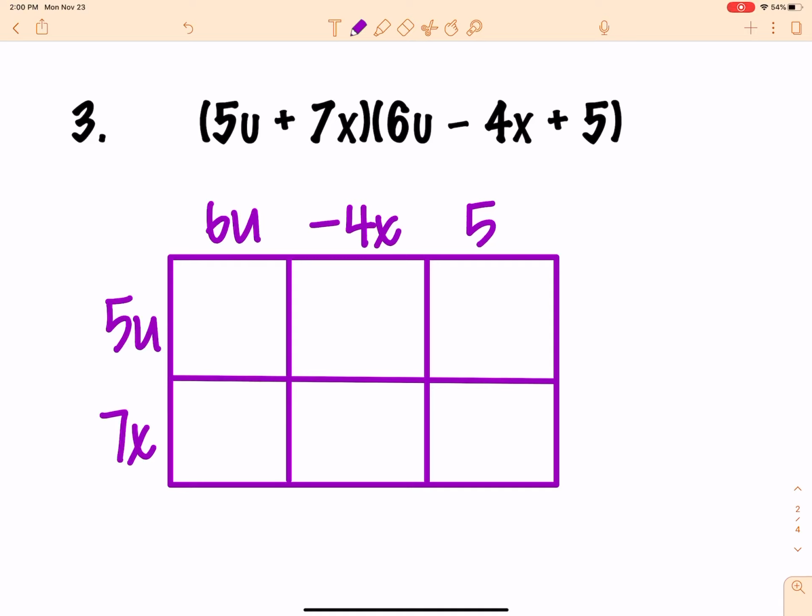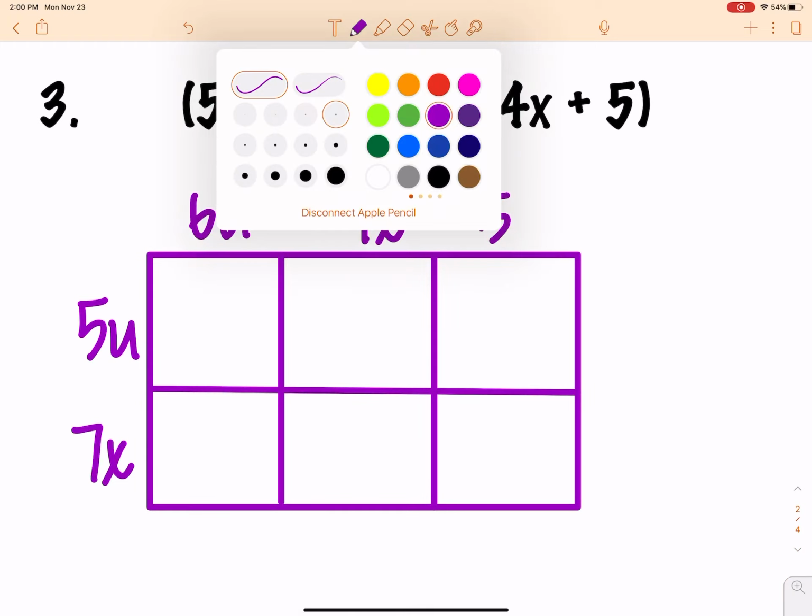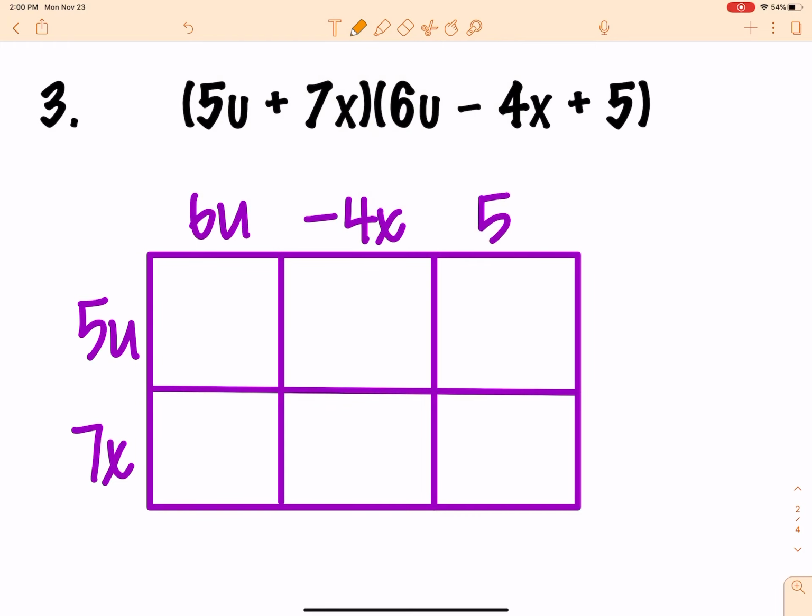So what you do is that you can see when I was talking, all I did was create a box, and you create a box in the size of your binomial. So 2 boxes and then 3 boxes. And then you, like a Punnett square you learned in science, you just put the expressions on the outside of the box. And how you get the inside of the box, probably people you're already guessing, is that you just multiply. So the top left box here is just multiplying 5u and 6u together.